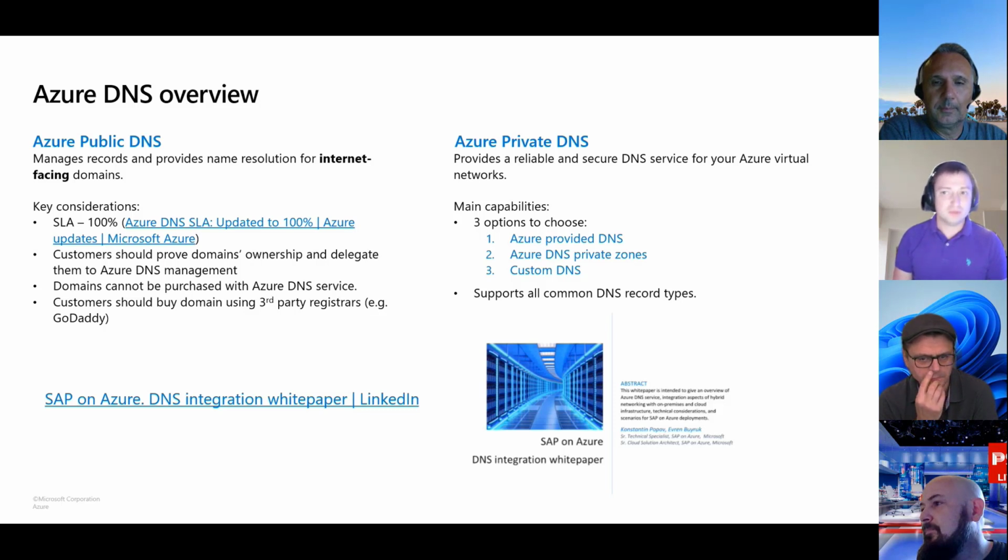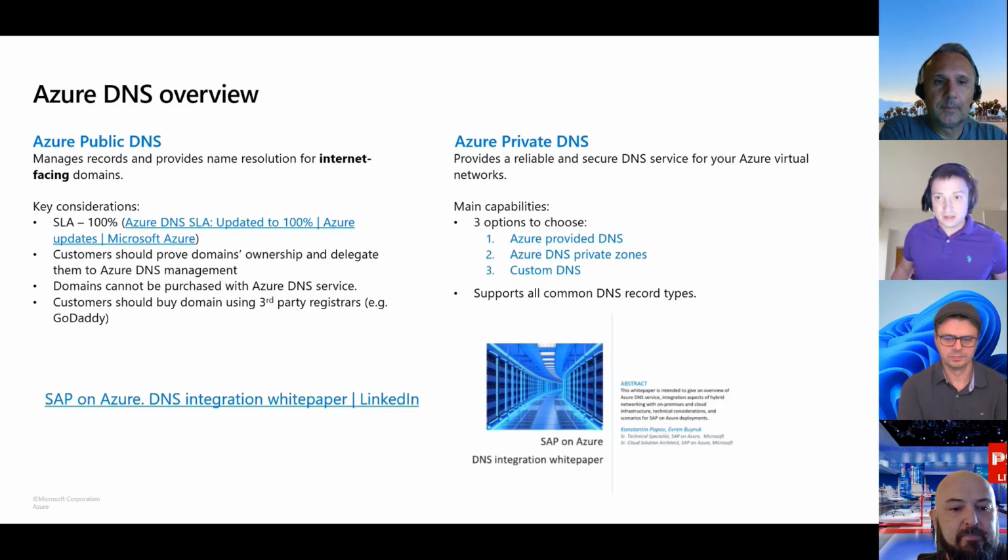And if I'm not mistaken, this is the only service which runs with a 100% SLA. Correct. And how is it achieved? Just to explain it briefly, all the DNS servers for Azure DNS are spread around the globe, leveraging more than 61 Azure regions worldwide, and all the entries from those regions are replicated.